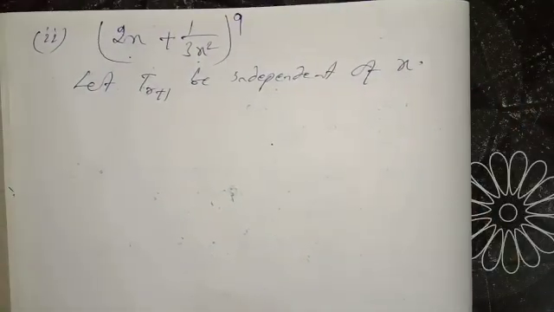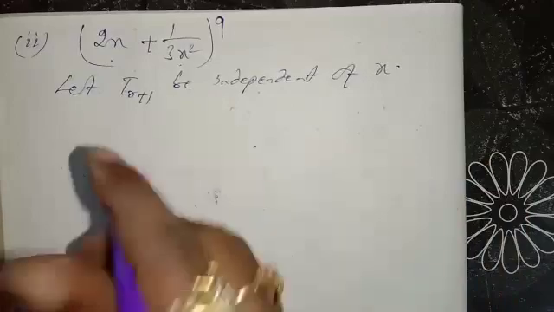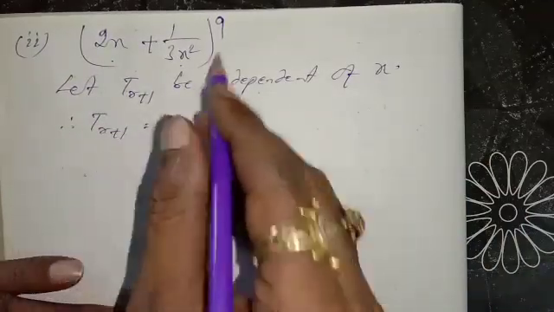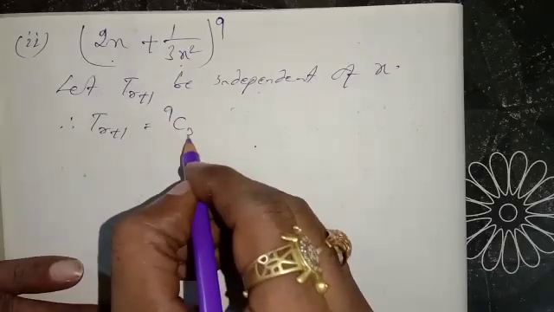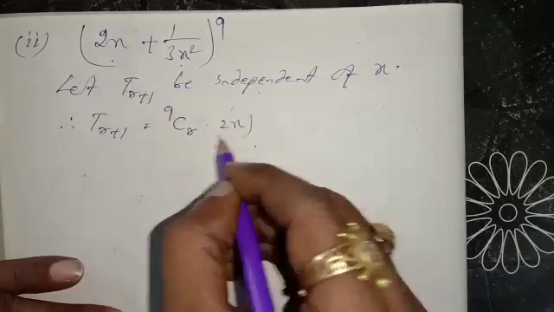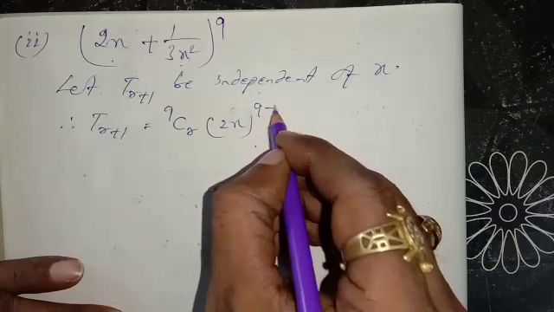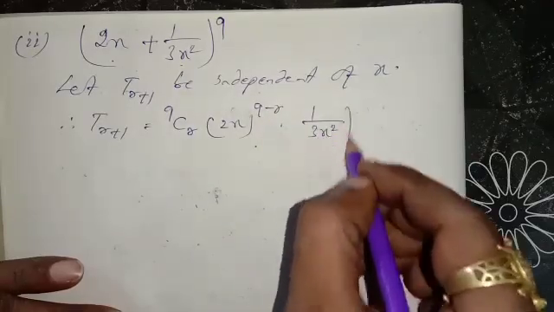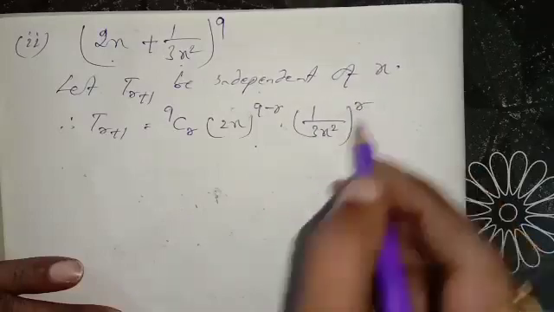Next you have to find that term t(r+1). The (r+1)th term as per the formula is 9Cr (2x) to the power 9 minus r and (1/(3x²)) to the power r.